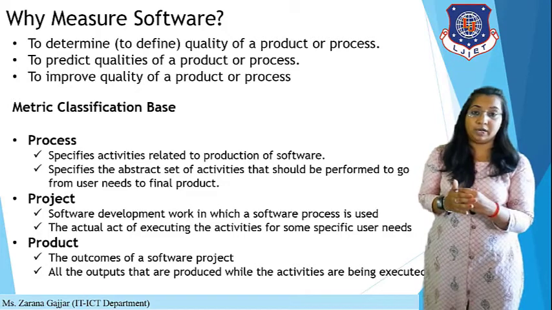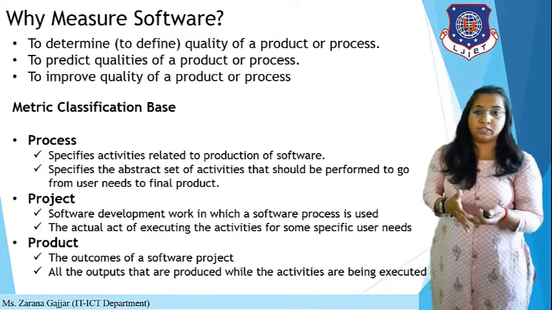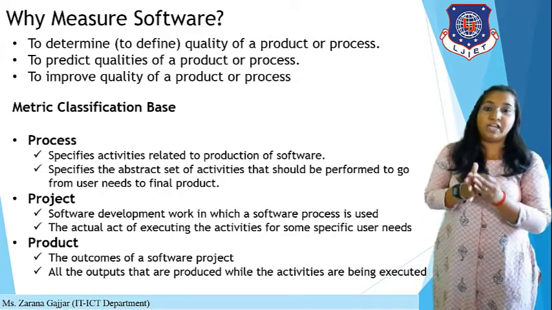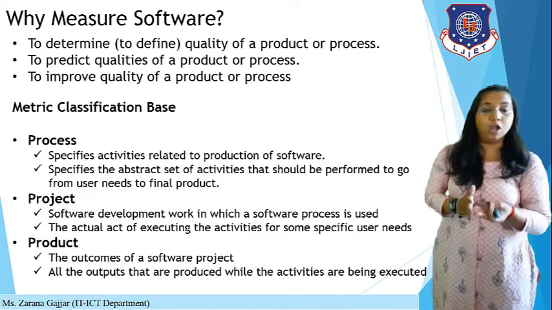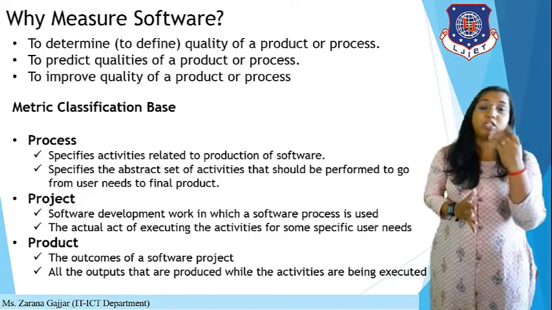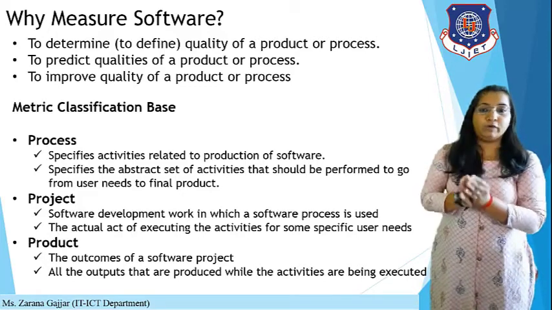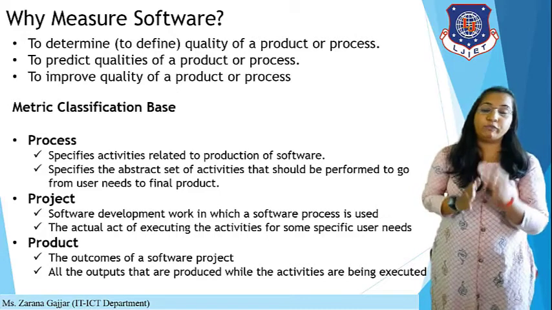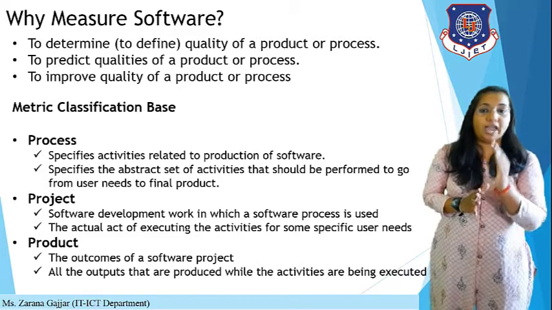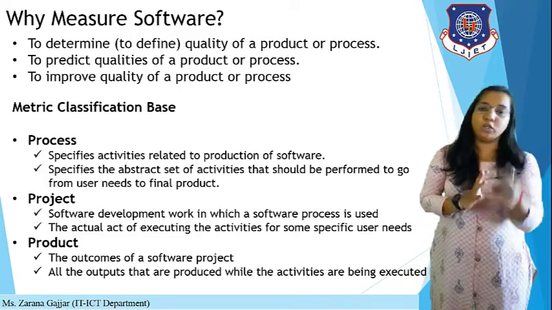Next is a project metric. It describes the project characteristics and execution. A project is the software development work in which a software process is used. So in your software product development, which process you are using will be mentioned in a project metric, along with the actual act of executing the activity for some specific user need.